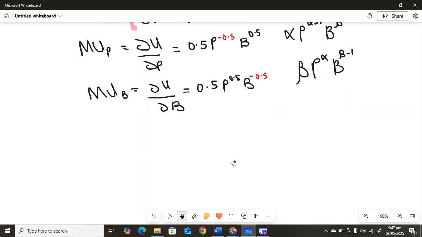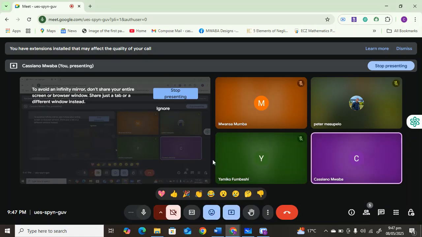So, colleagues, there's what we call the marginal rate of substitution, MRS. Basically, this is the rate at which you can trade pork and beef, maintaining the same satisfaction. Let's get papers down so that we write this so that we don't forget. Marginal rate of substitution is the rate at which you can trade one good for another, maintaining the same satisfaction.